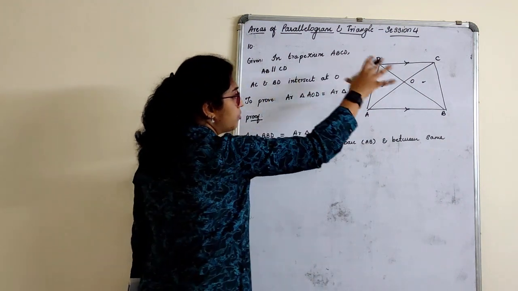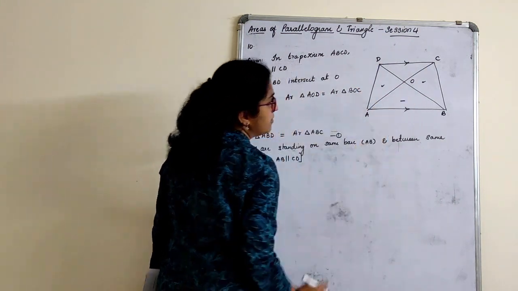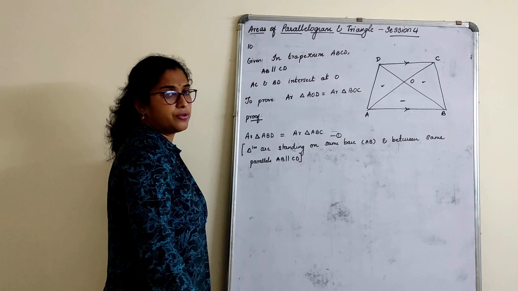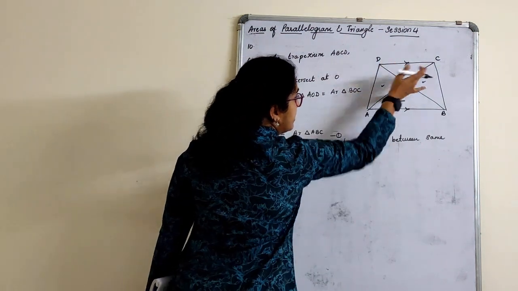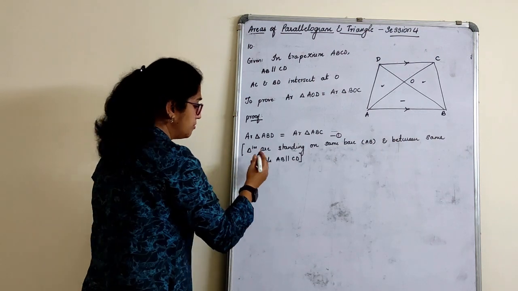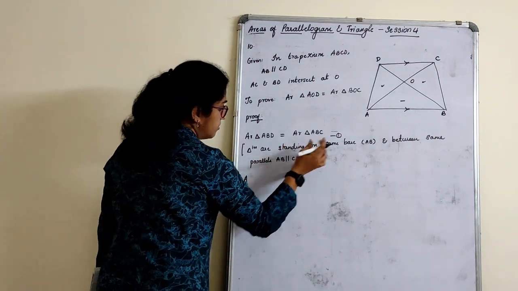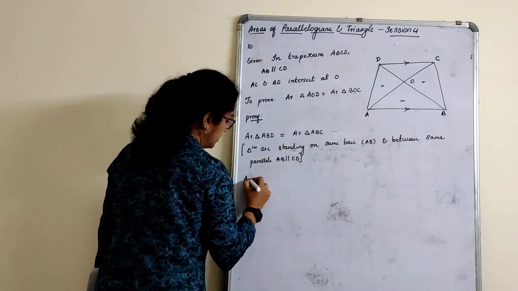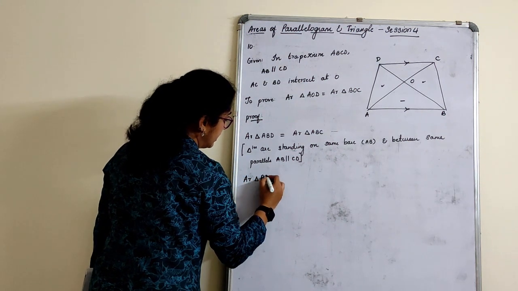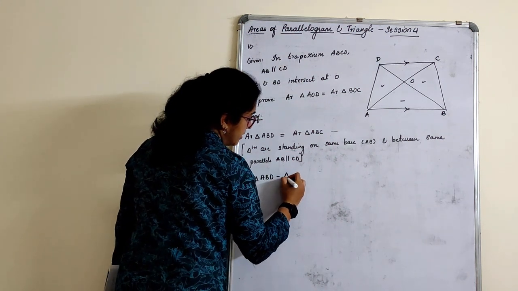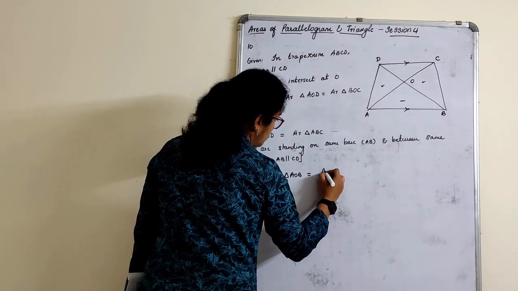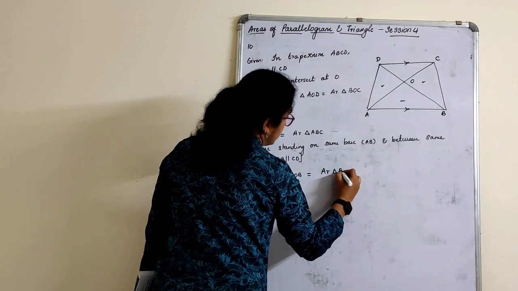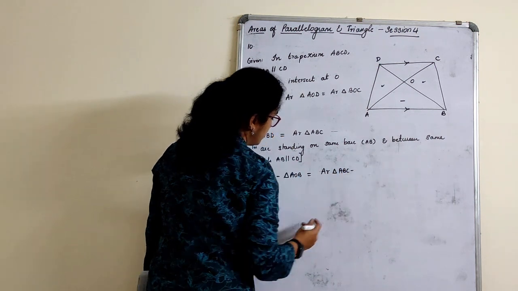What I will do from both these triangles, I will subtract triangle AOB. If I subtract from this whole AOB, what will I get? AOD. And here I will get BOC. That's all. Need not write equation 1, that's okay. Area of triangle ABD minus triangle AOB is equal to area of triangle ABC minus triangle AOB.